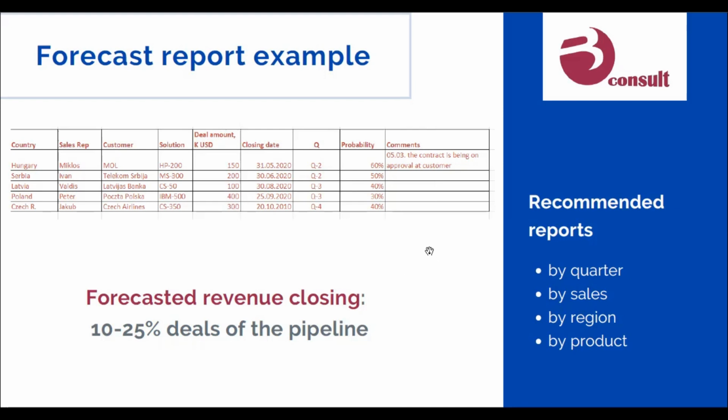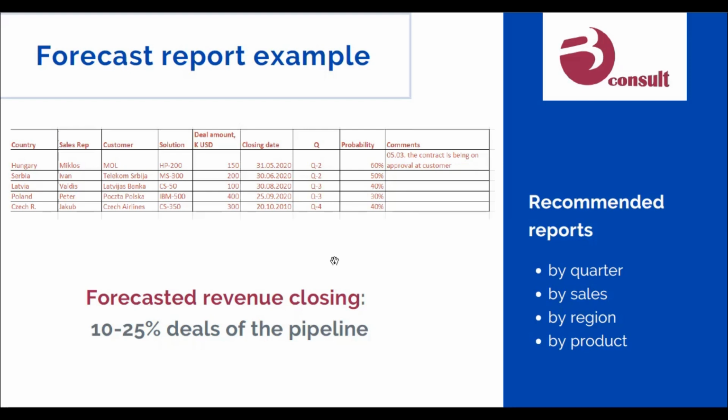We should understand that worldwide statistics shows us that the best case for the forecast is that 25% of the deals from pipeline can be closed, and this is our forecast, but this is best case. Worst case is 10%, so one deal from 10, and this is worst case.